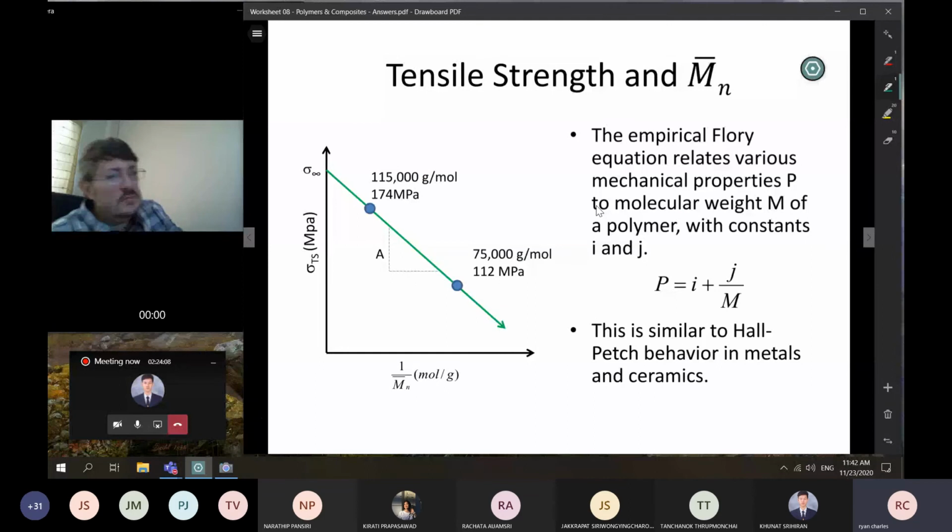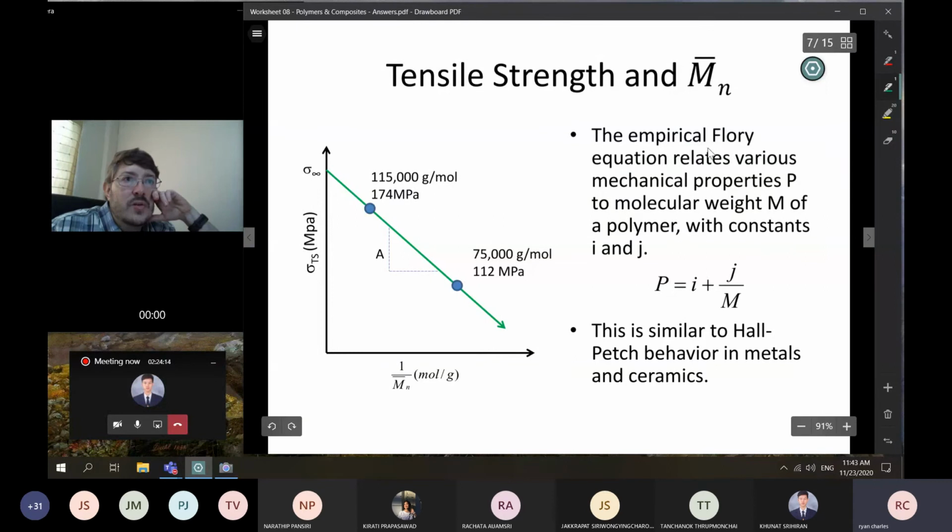Right? So what you're seeing here is something like this. An empirical Flory equation relates various mechanical properties P to molecular weight M of a polymer with constants I and J. Right?